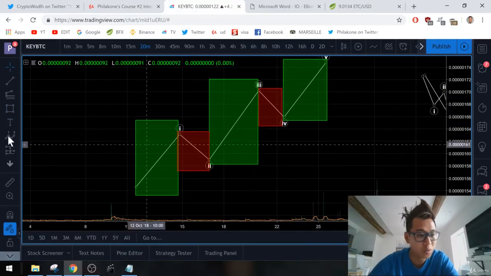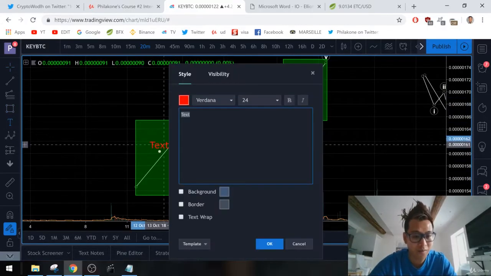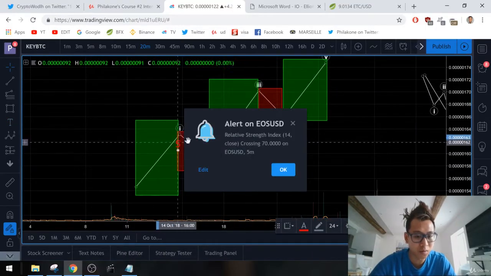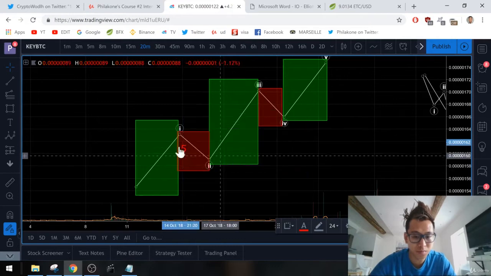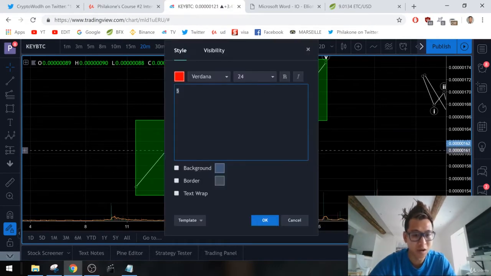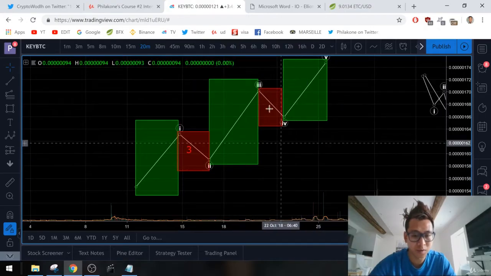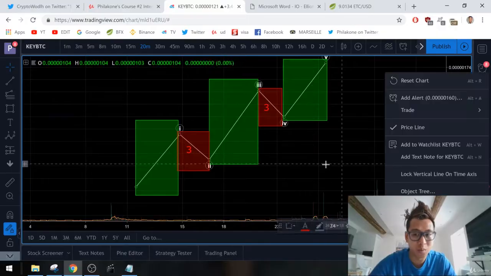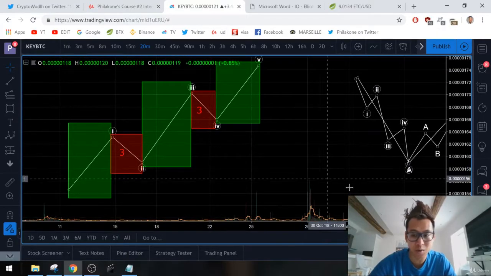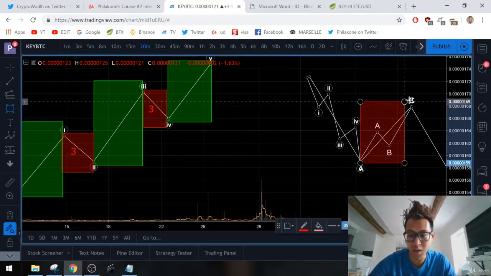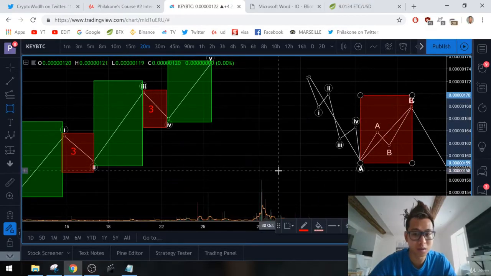The impulse waves up have 5, okay? Actually, this one has 3, right, on a zigzag, just as an example. This one has 3 as well, okay? And then going upwards, and this one also has 3. If we look at the B structure right here, all right, this also has 3, okay?